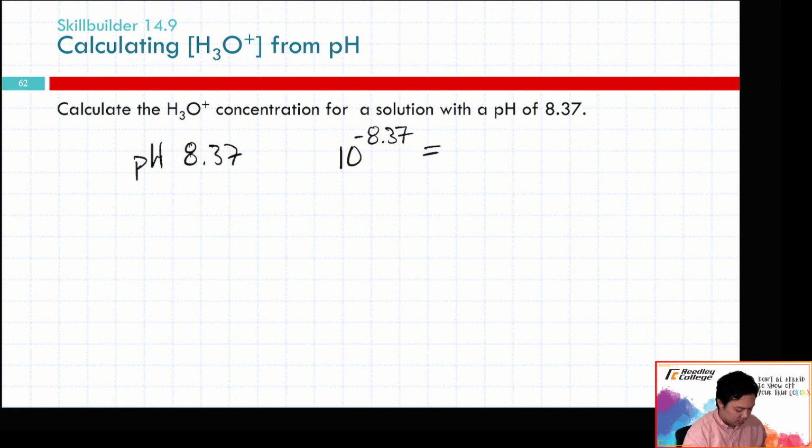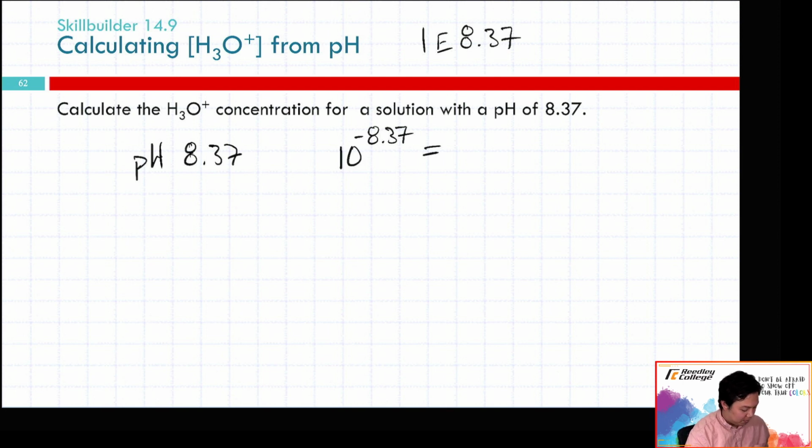Oh, that's right, that's why you can't do that. On my calculator, it won't let me do 1E 8.37. This is again the TI-36X Pro.